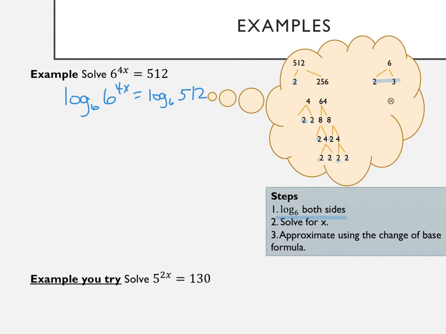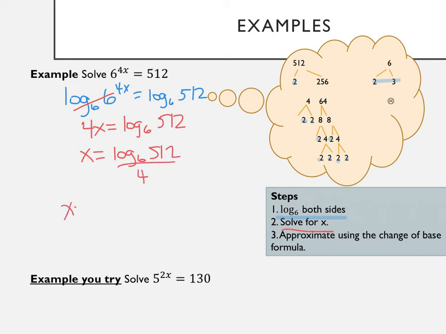Okay, once we do that, now we can solve for x. On the left side, the log base 6 of the big 6 cancels out, and we're left with 4x equals log base 6 of 512, or x is equal to log base 6 of 512 all over 4.